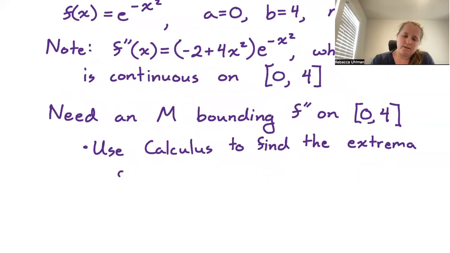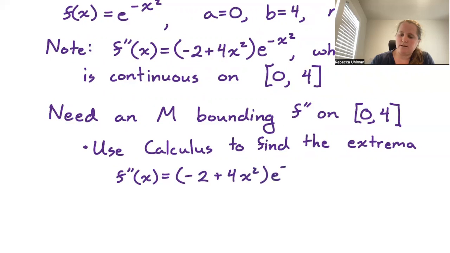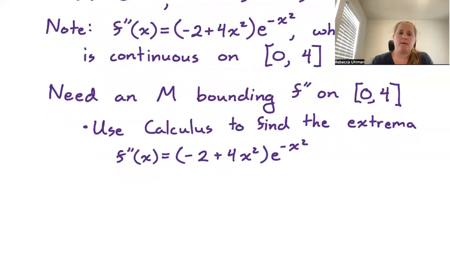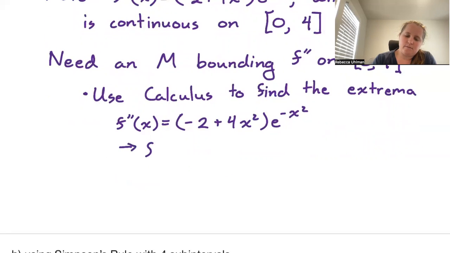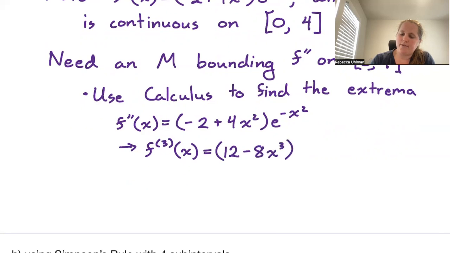We have that the second derivative of f is (negative 2 plus 4x squared) times e to the negative x squared. Our derivative of that is (12x minus 8x cubed), all times e to the negative x squared.